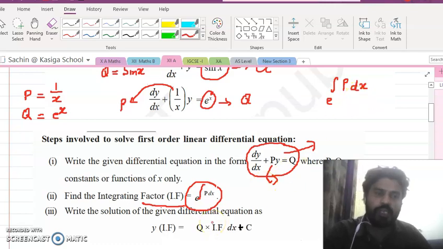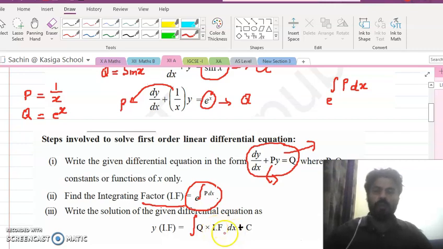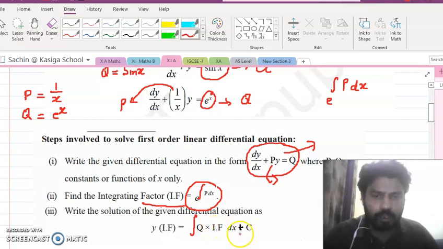After finding the integrating factor, we have a formula for the general solution of a linear differential equation. The formula is y into integrating factor is equal to integral of q into integrating factor, integrated with respect to x, and then after integration we add the constant c. Clear?